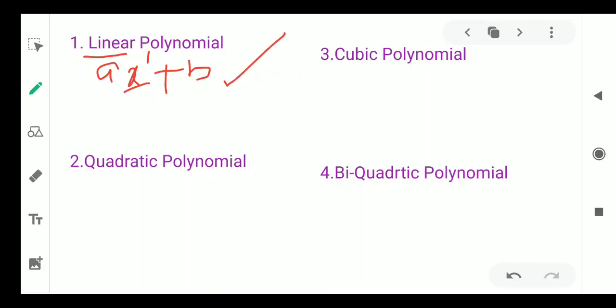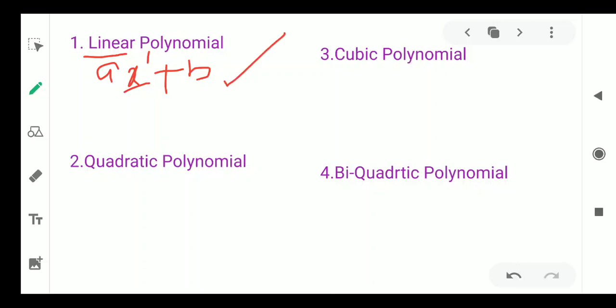Instead of a and b, you can take any letters, p, q, like that also, no problem. Instead of variable x, you can take x, y, z. But you have to take different alphabetical letters for coefficients and variables. So simply remember that if the degree is 1, that is called a linear polynomial.